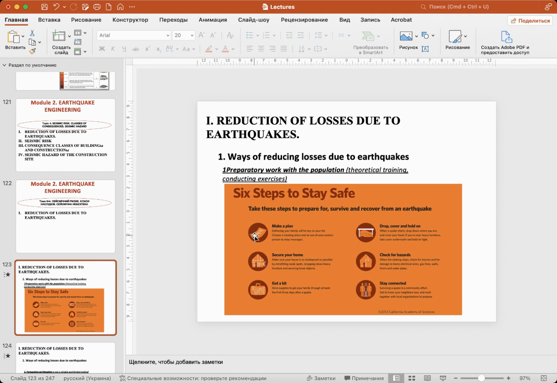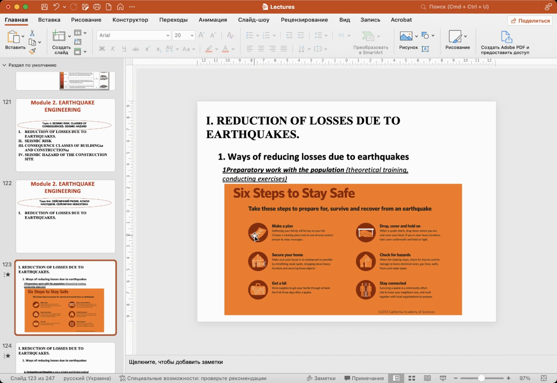We know that it is better to store all documents and some expensive things in one place, so it will be easier to collect them in a minimum amount of time to save your life, and to have something with you when you have saved your life. And it is very important to make one even for the case of an earthquake.